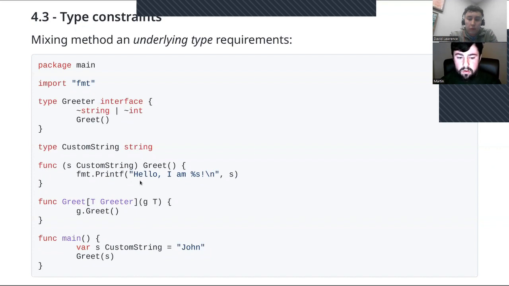So it's a bit more flexible because you can express a bit more, going into the set theory around types. It's not quite as powerful as full algebraic data types yet, but it's a step in the right direction.